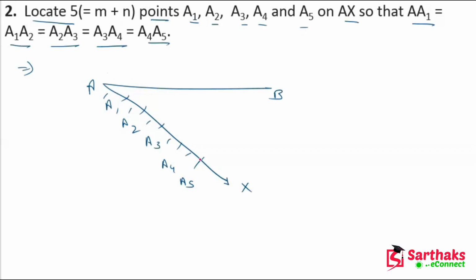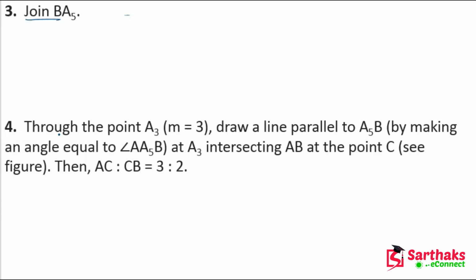So this is the line BA5. The next step is: through the point A3, because m is equal to 3, draw a line parallel to A5B by making an equal angle to A5B at A3, which intersects AB at the point C. So this will become like this.